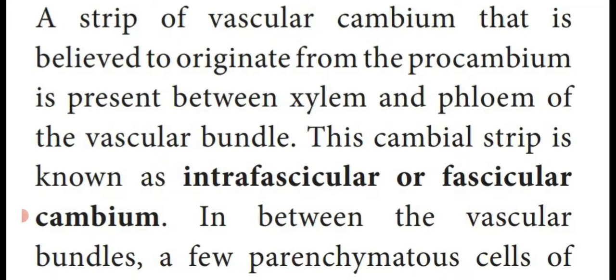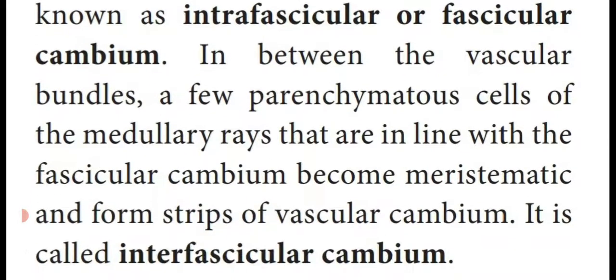That cambial tissue is known as interfascicular cambium. So, between the vascular bundles, the cambial tissue produced is interfascicular cambium. Inside the vascular bundle, the cambial tissue present is intrafascicular cambium.